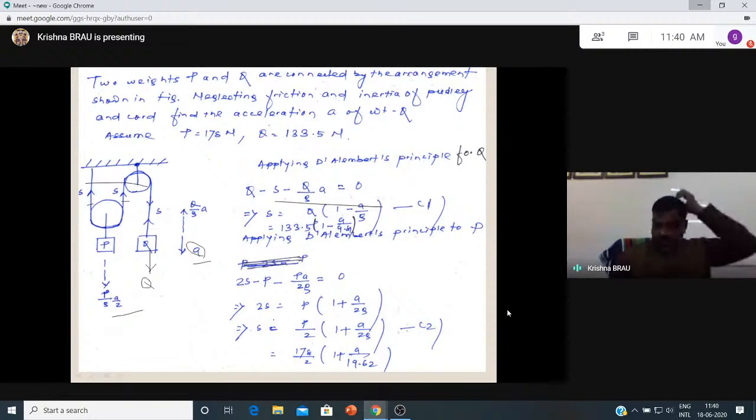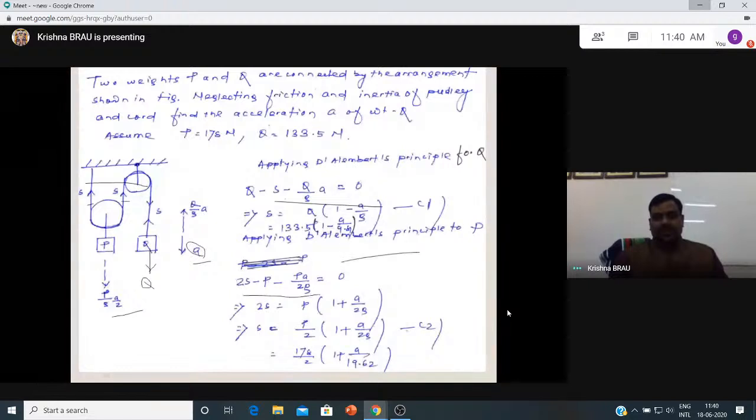From this you find S. There are two equations and two unknowns. This is one equation, this one, and this is the other equation.